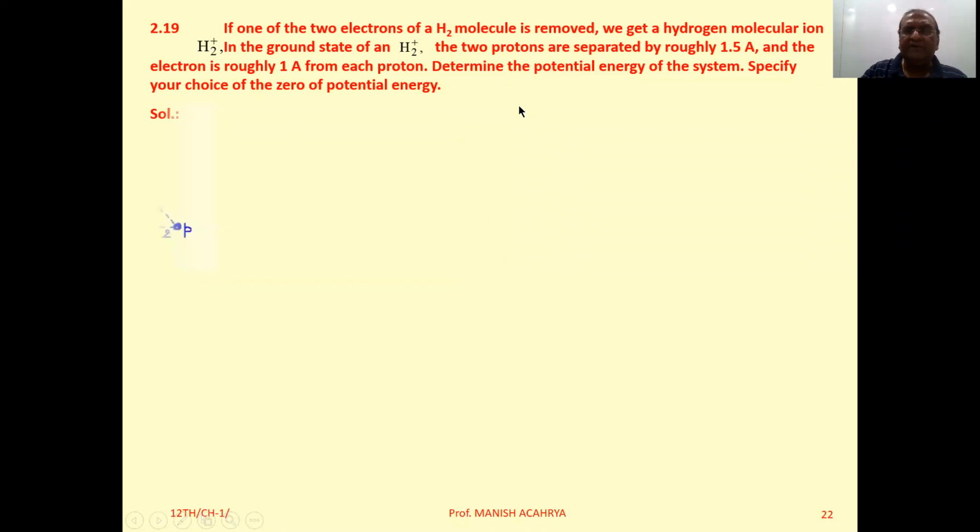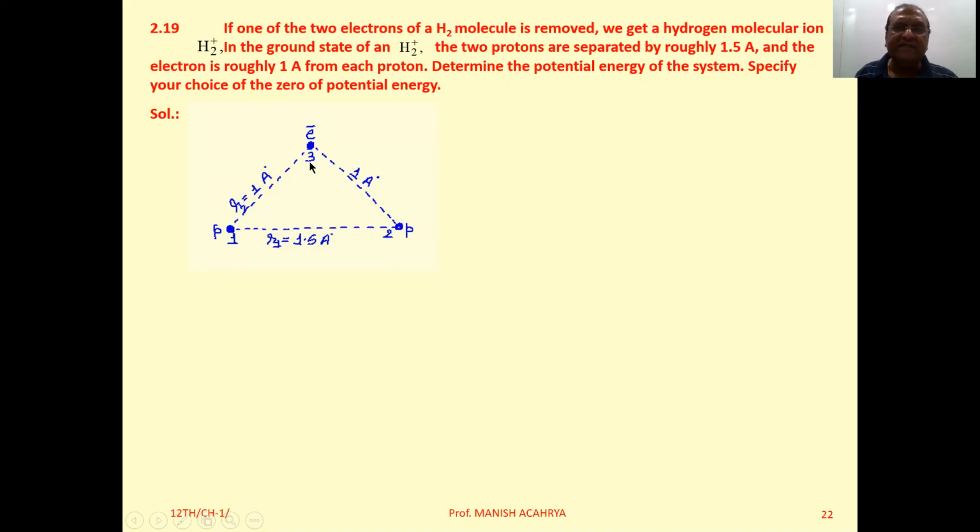Now, this is a system of 3 charges, 2 protons and 1 electron. The 2 protons are separated by 1.5 angstrom and the electron is at a distance of 1 angstrom from each proton.